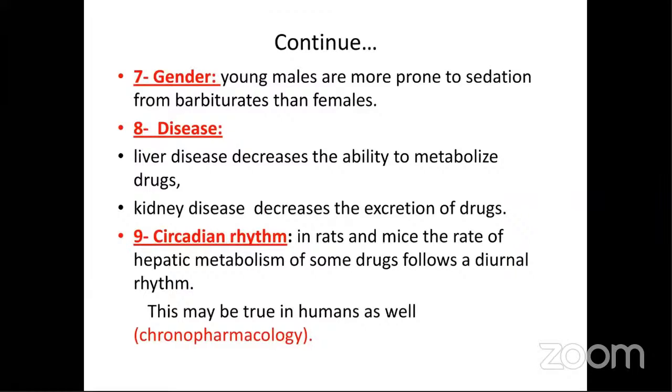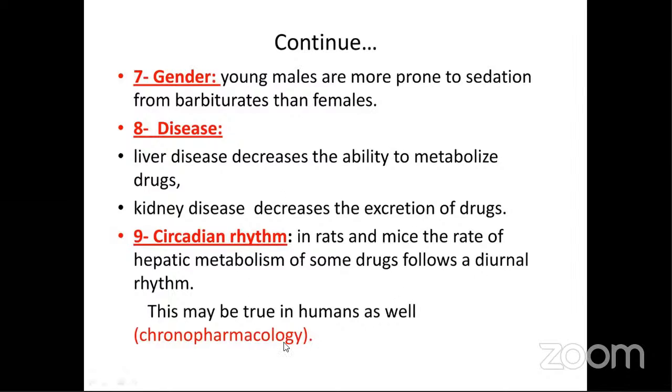So both liver and kidney are required. The drug should be metabolized by the liver properly, followed by the kidney, and the kidney should excrete it. If the kidney does not excrete the drug, there will be a toxic effect, because the drug stays throughout the body.